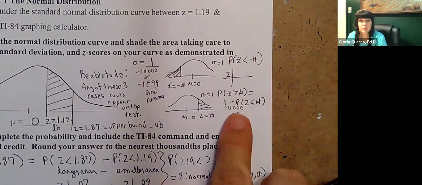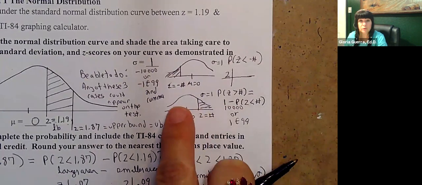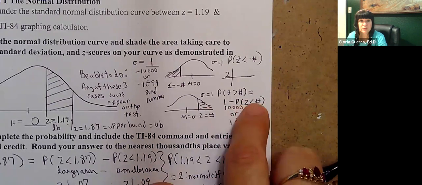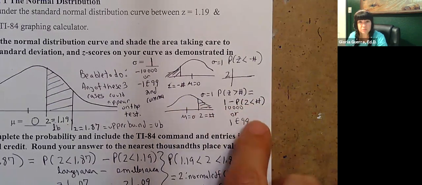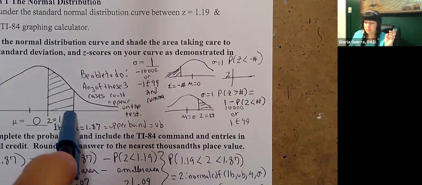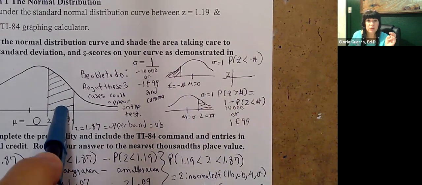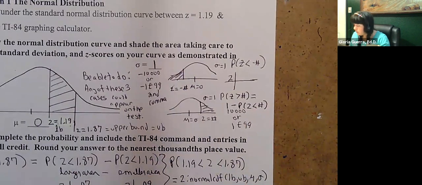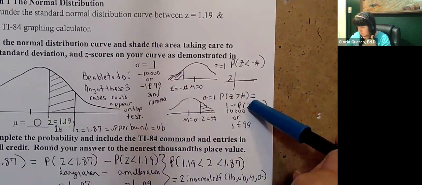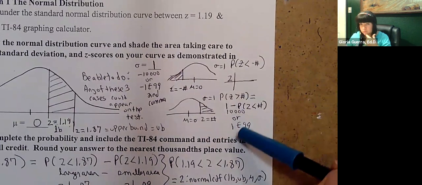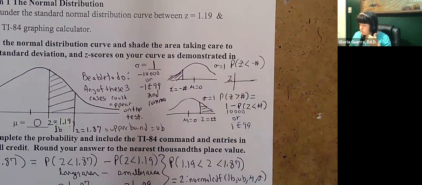So if you use a table, you have to do the whole area of the curve is 1, take away the probability less than. Remember, we had those 3 cases. So just because this one's on your review doesn't mean that that's going to be exactly on your test. You could have these variations of them. Okay, so just be aware of them. And you don't know if I'm going to ask for the table or the calculator, right? So you have to be aware of those.